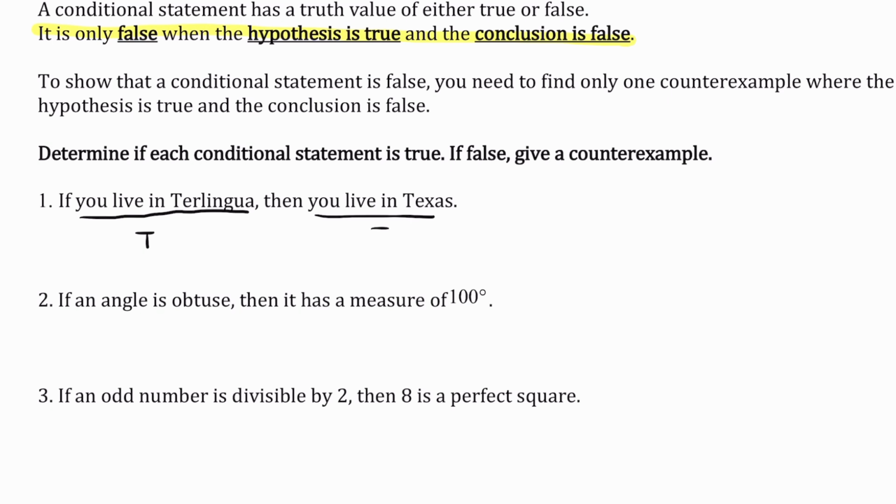Yes, Terlingua is a place in Texas. So I can go ahead and say that the conclusion is also true. Now, since I have both trues here, what can I say about this whole conditional statement? Well, the conditional statement itself, since I have both trues here, is true.